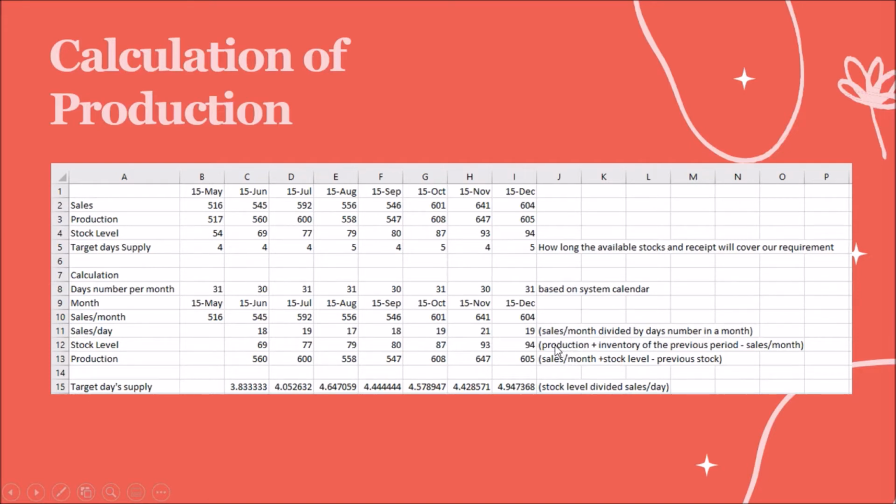The stock level is production plus inventory of the previous period minus sales per month. And production is sales per month plus stock level minus previous stock. So we have a targeted supply, that is stock level divided by sales per day.